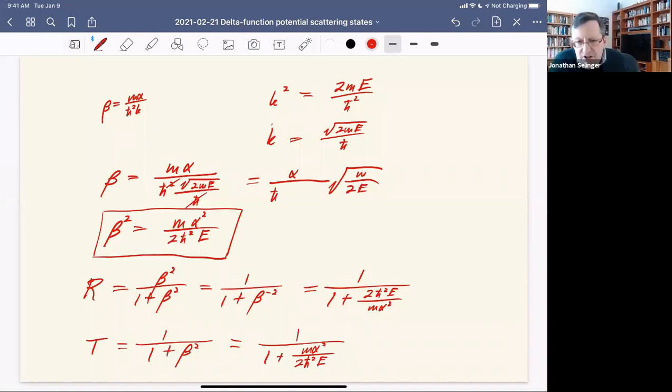So the point of doing this is to ask, what happens if we vary the energy? If we have a higher energy, this denominator gets bigger. So there's less reflectance, more transmittance.